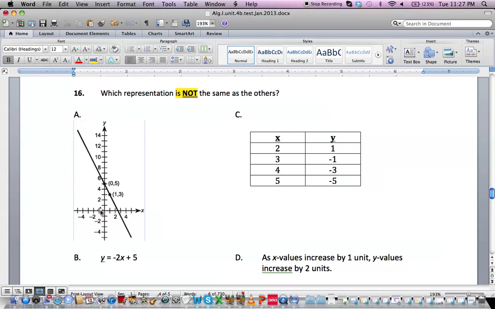So look at A, B, C, and D. One of these does not represent the others. Remember, we have NAGS: numerical, algebraic, and graphing, and a sentence. So which one of these does not represent the others? Which one of those does not belong?